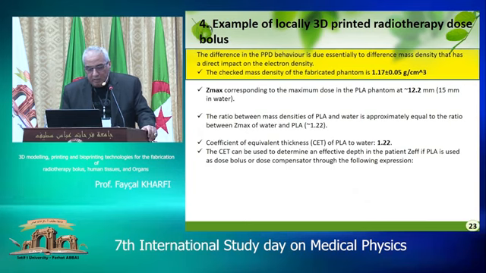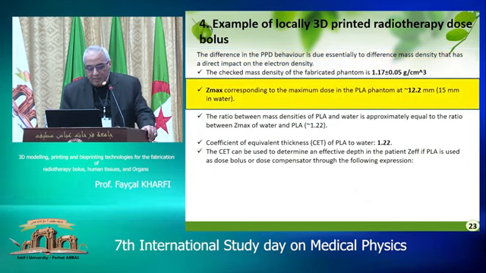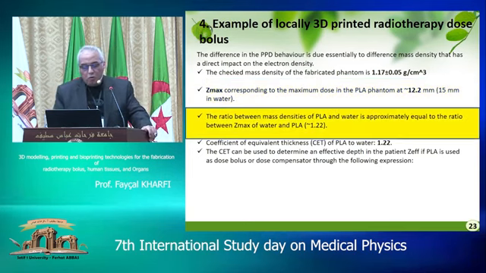We determine the Z max corresponding to the maximum of the dose in PLA, which is 12.2 millimeter when compared to 50 millimeter in water. We determine also the ratio between mass density of PLA and water, which is approximately equal to the ratio between Z max of water and PLA. It is equal to 1.22.